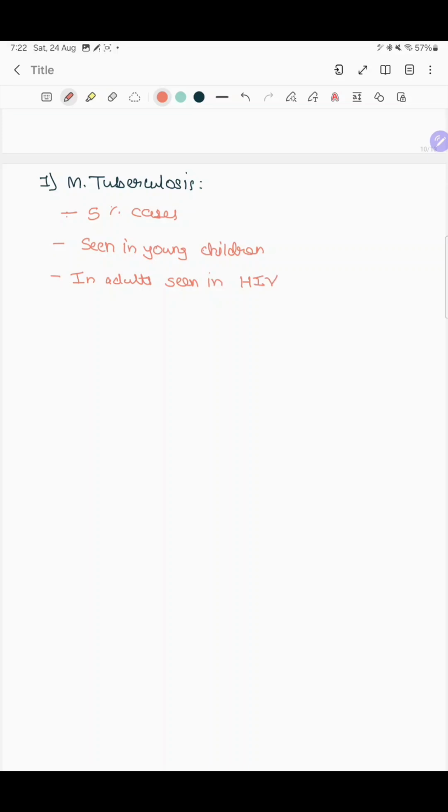Tuberculosis has two forms, which include tuberculous meningitis, or it can be tuberculoma.